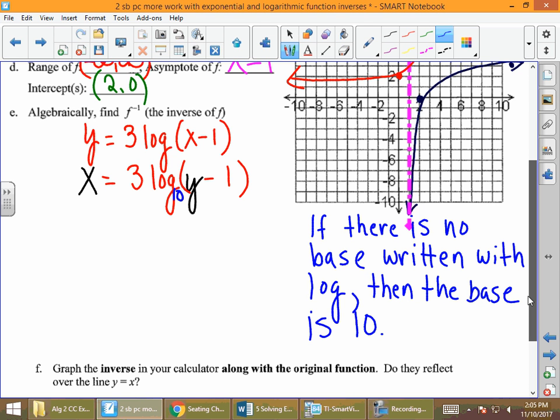If there's no base written, when it's log, then our base is 10.